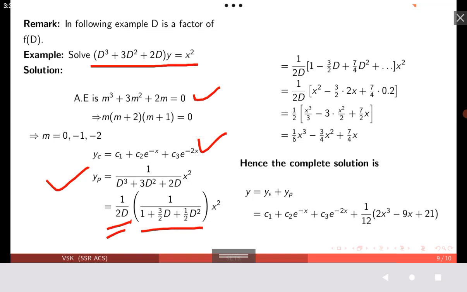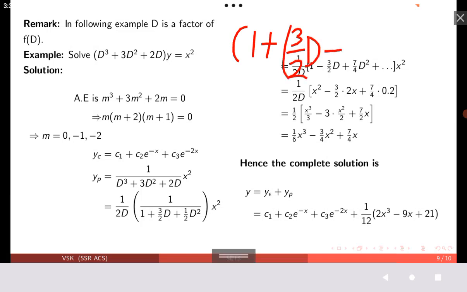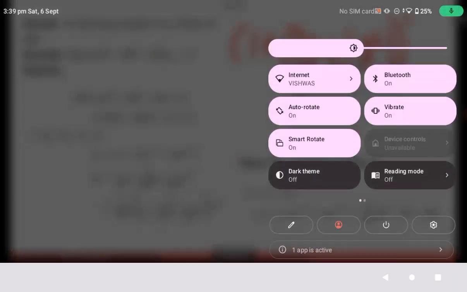Because now this expression becomes in the ascending power of D, and this will then be 1 upon 2D as it is, and this expression can be written as 1 plus 3 by 2 D plus 1 upon 2 D square, inverse.